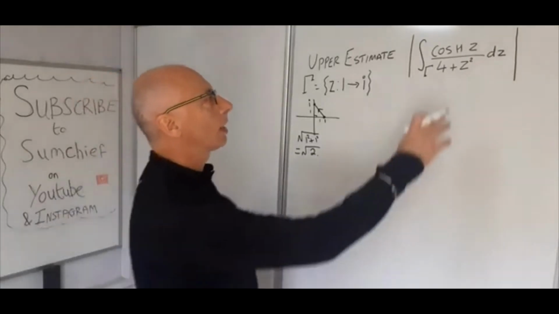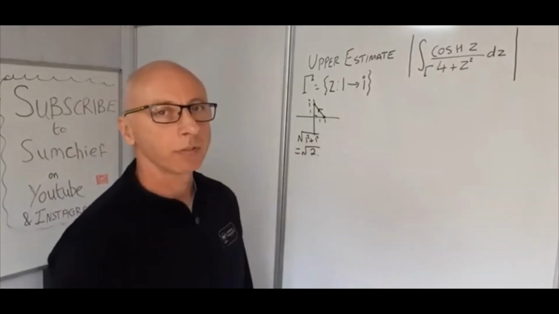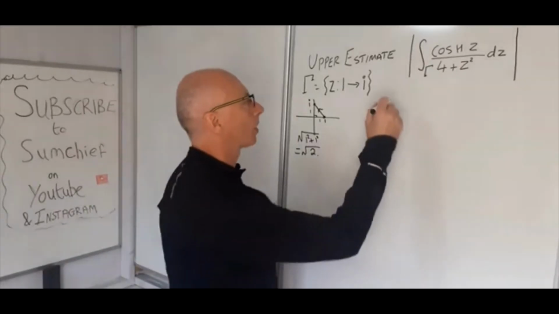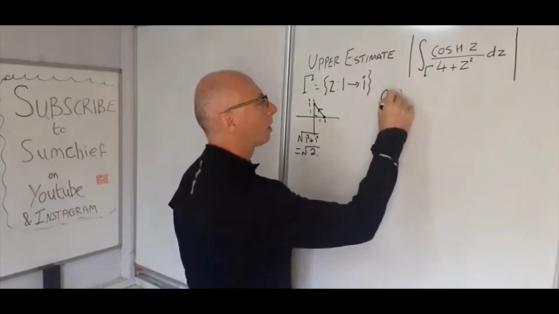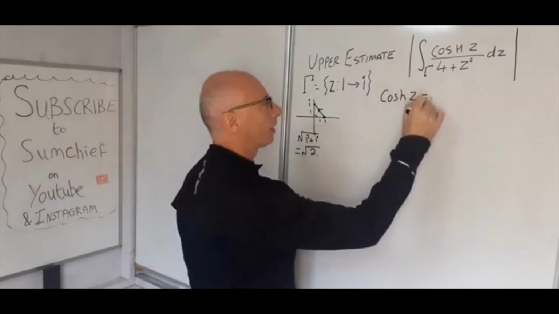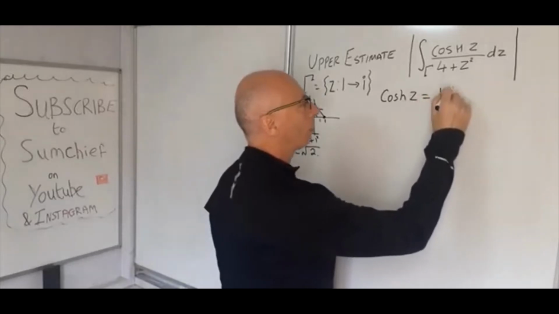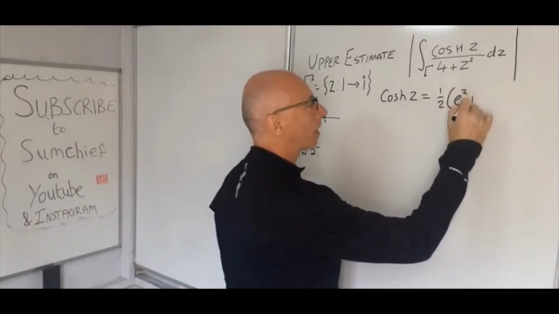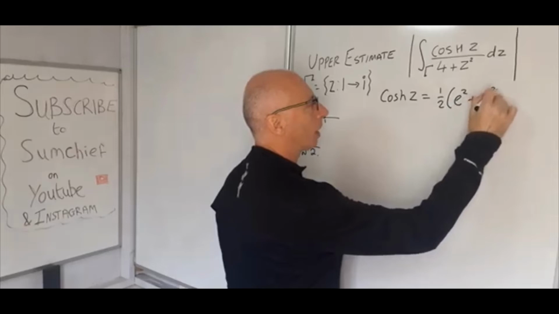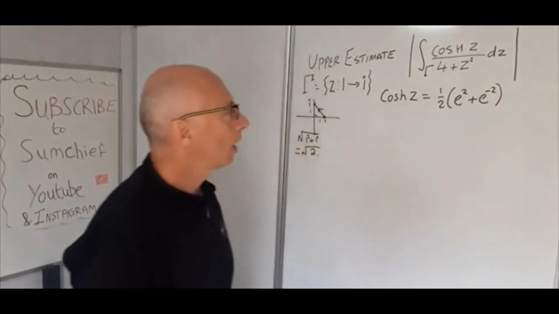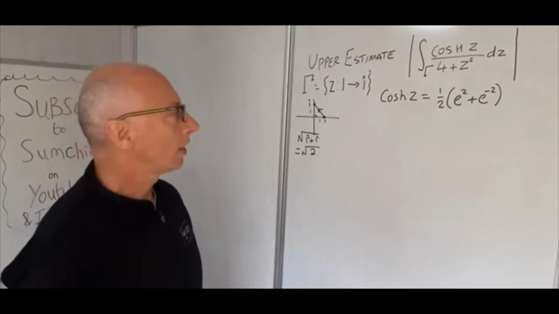Okay, let's start with cosh of z. Let's see if we can find the maximum value of that. What we do know is that cosh of z in exponential terms is 1/2 (e to the z plus e to the minus z). That's the identity.